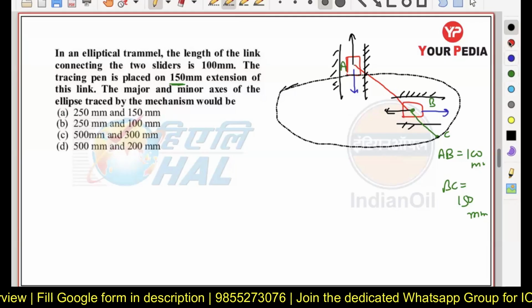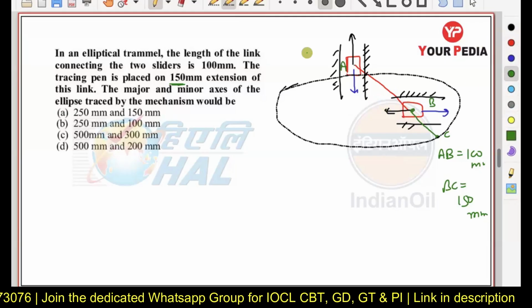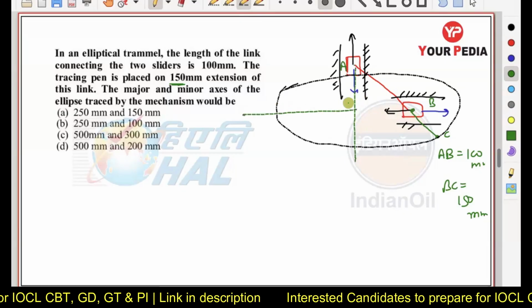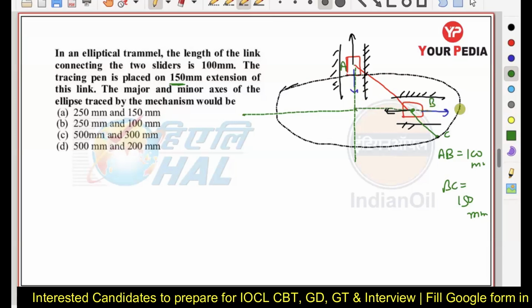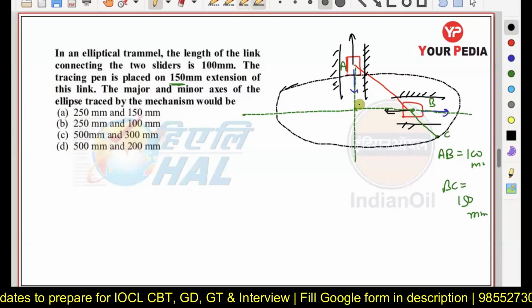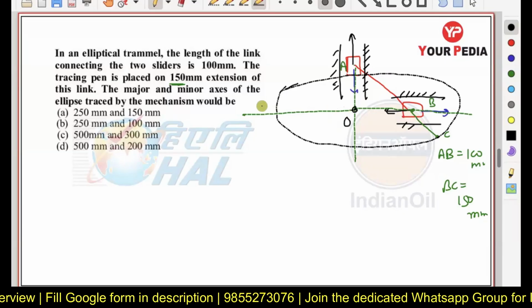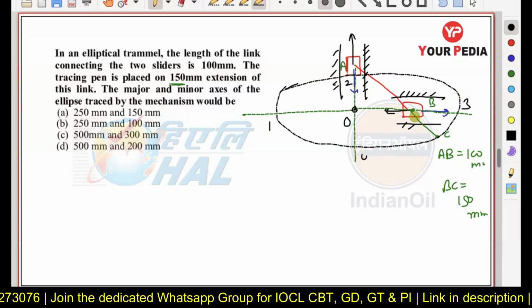Okay, the point number C. So in this case, you can see point number A, 1, 2, 3, and 4 here.